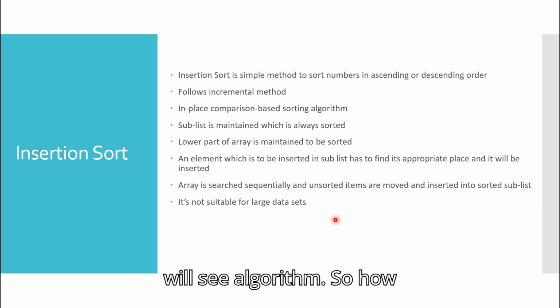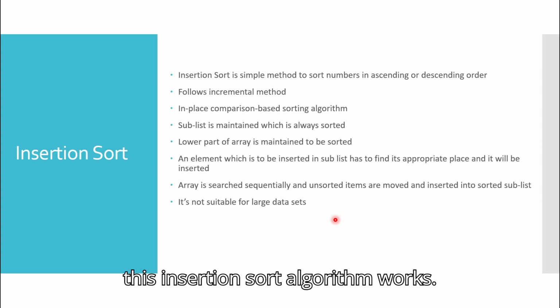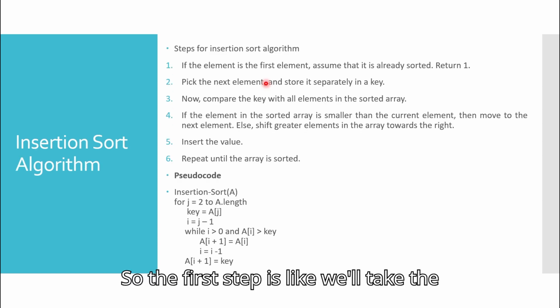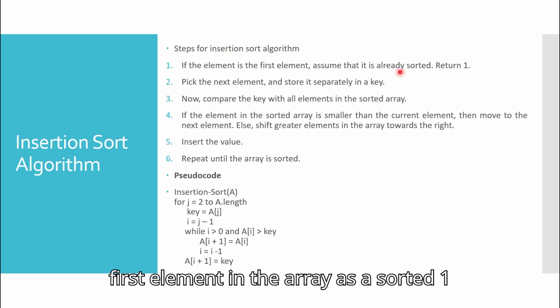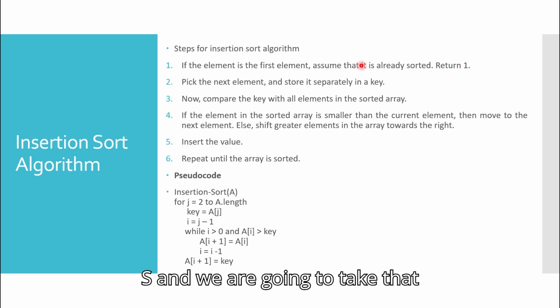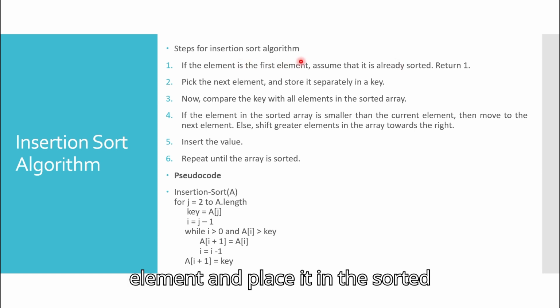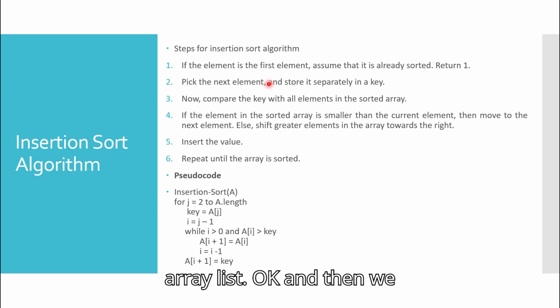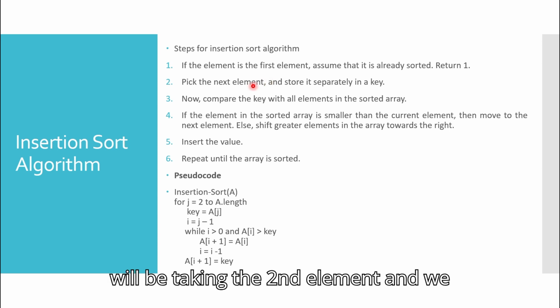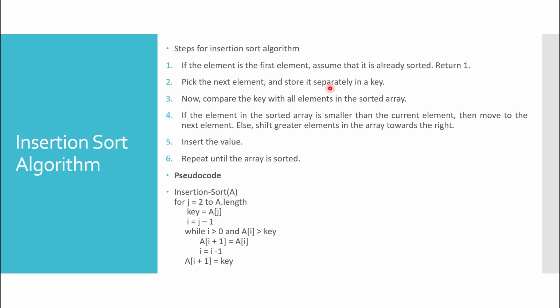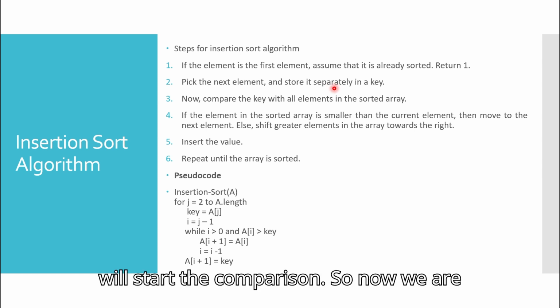Next we'll see the algorithm, how insertion sort works. The first step is to take the first element in the array as a sorted one and place it in the sorted list. Then we take the second element and start the comparison.